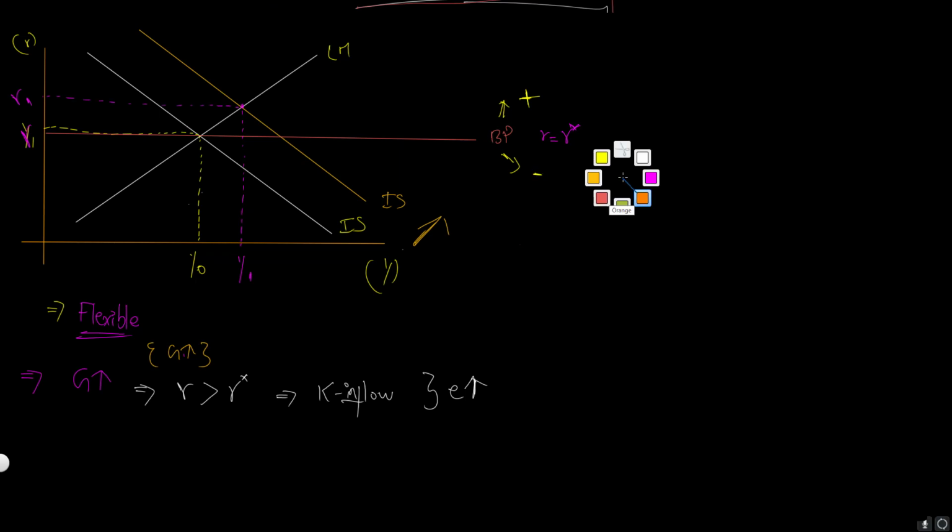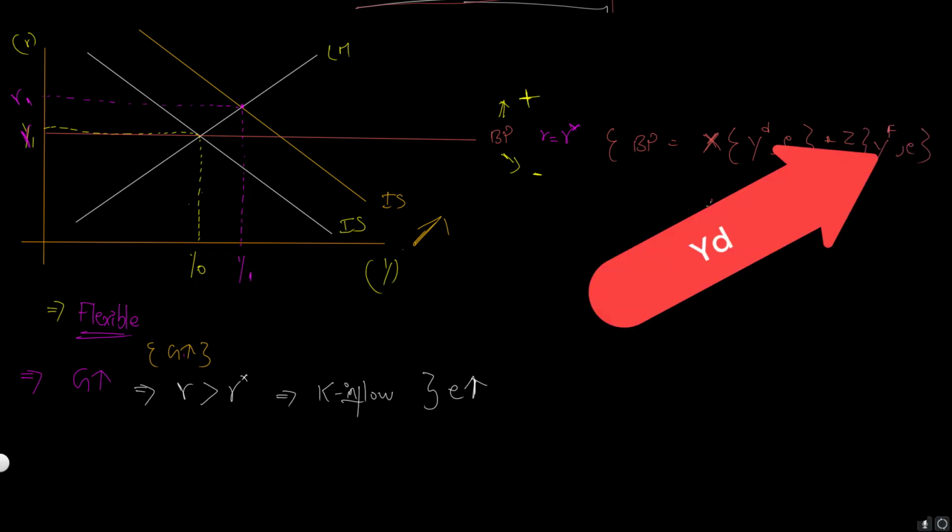As a side tangent, the balance of payment equation is your exports, which are a function of domestic income and exchange rate, plus your imports, which are a function of foreign income and exchange rate, plus our capital inflows or outflows.